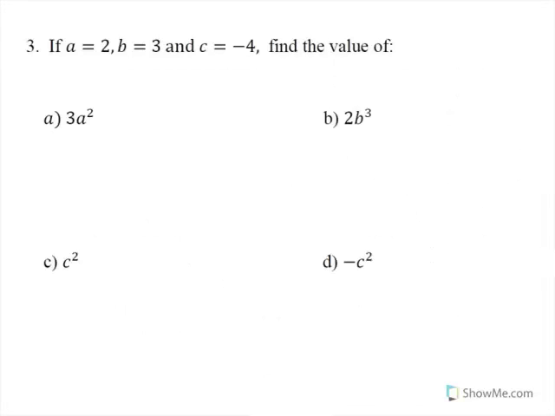Now, you might want to pause on this one and have a go and come back and check your answers. If a is 2, b is 3, c is negative 4, find the value of each of the following. What does 3a squared mean?